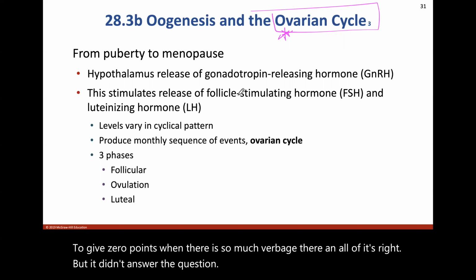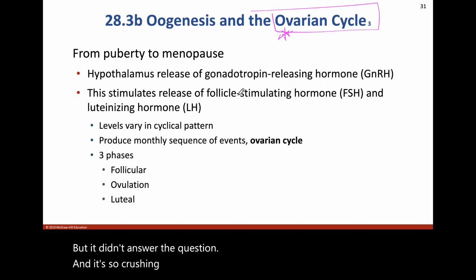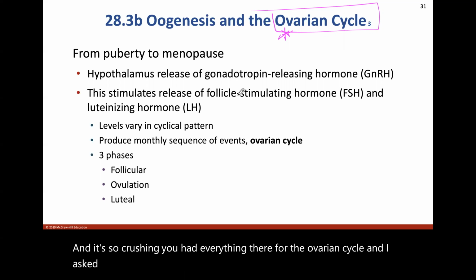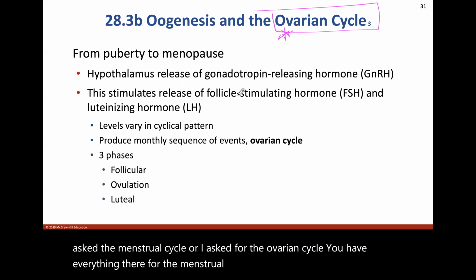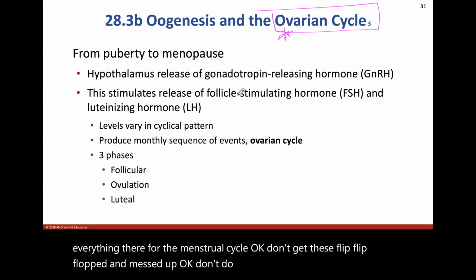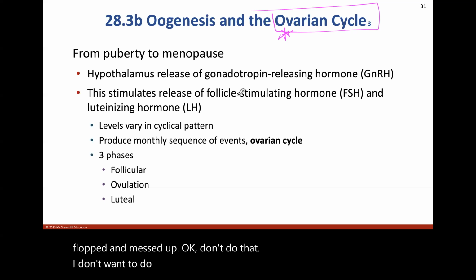And it's so crushing. You had everything there for the ovarian cycle, and I asked for the menstrual cycle. Or I asked for the ovarian cycle, and you have everything there for the menstrual cycle. Don't get these flip-flopped and messed up. I don't want to have to do that to you because it crushes my tiny little soul.